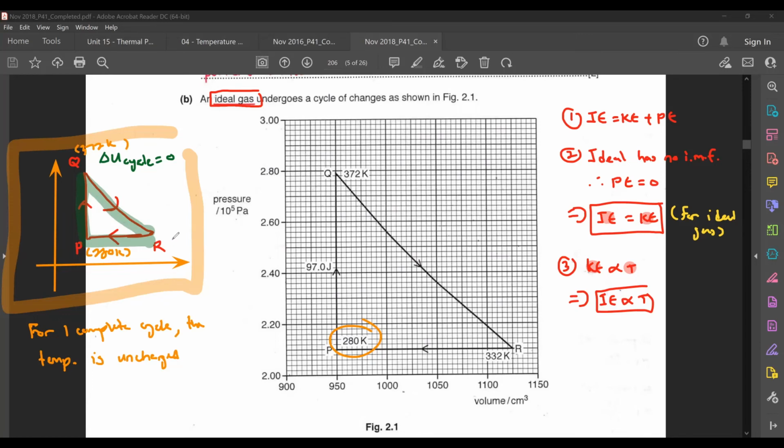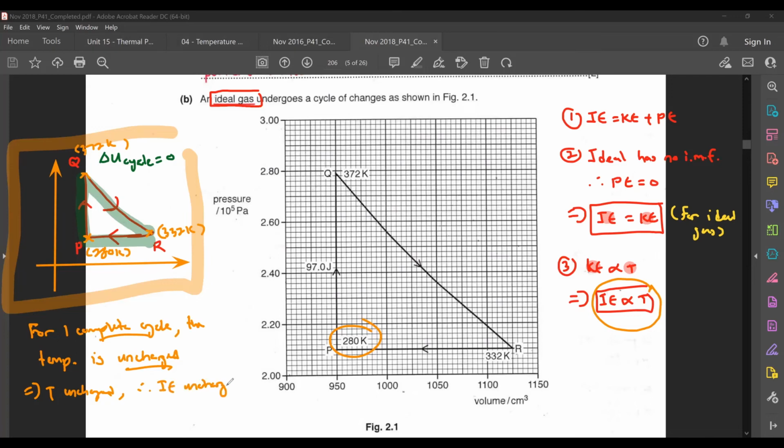And then we had 332 Kelvin here. But when you went through one full cycle from P to Q to R back to P, you started off with 280 Kelvin, and then you went back to 280 Kelvin also for that one complete cycle. So your temperature is considered to be unchanged. At the same time, since internal energy is proportional to temperature, since T is unchanged, therefore IE is unchanged. No?